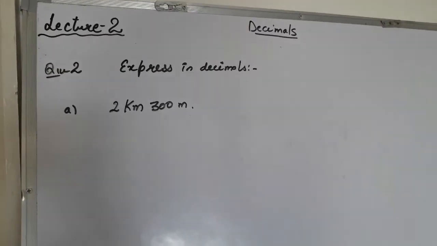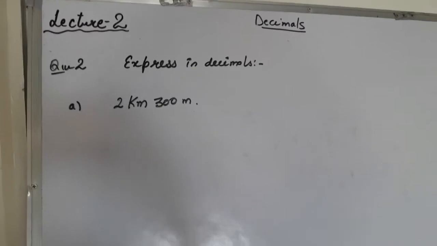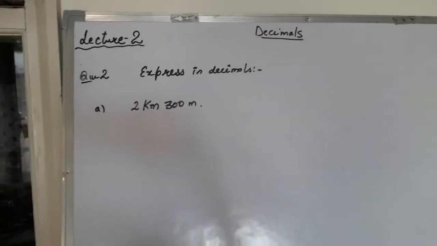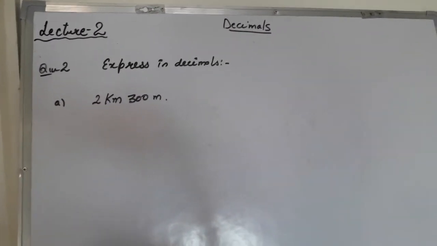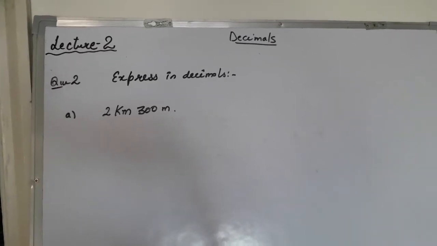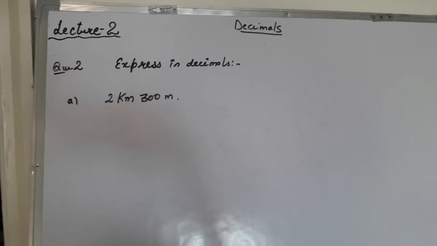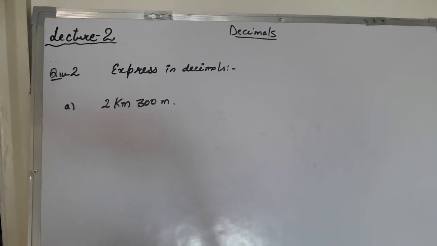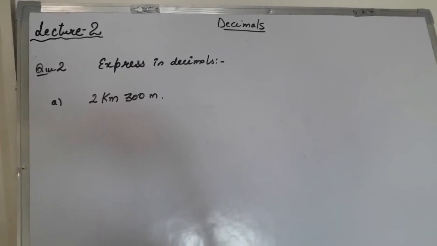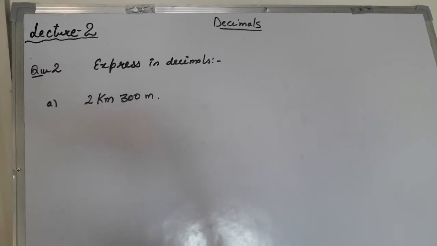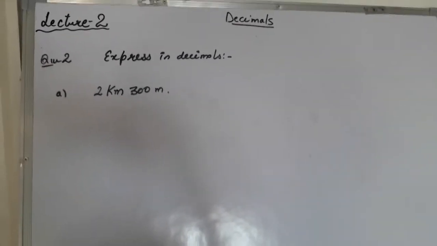Now next, suppose you have 2 kilometers and 300 meters. You want to see what the relation says, right? In the previous question I had rupees and paisa, so I made the relation between rupees and paisa, and now I have a relation of meters and kilometers, and I know 1 kilometer is equal to 1000 meters.